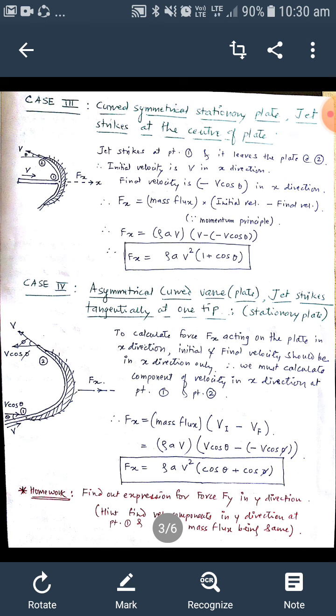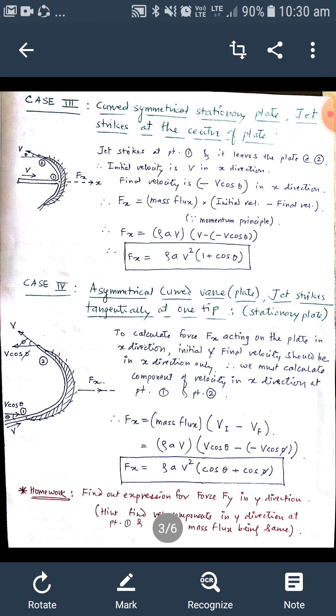same curved plate which is fixed, but now the jet is not striking at the center, but it strikes at one of the tips. You can see the second sketch at point number 1, that we can call an inlet point. The jet strikes the plate tangential to the plate at point number 1. So when it strikes tangential to the plate, there is some angle with respect to direction Fx.